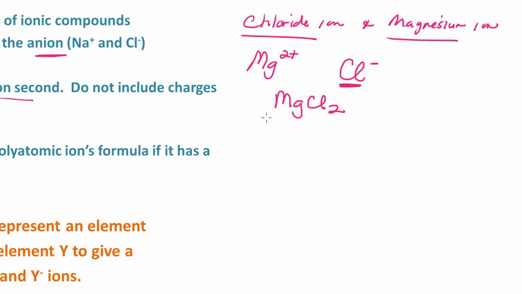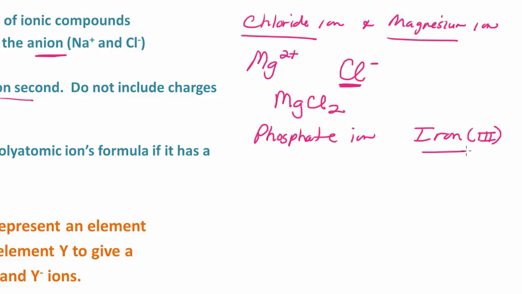Let's try phosphate ion and the iron 3 ion. Remember, this is a transition element. It can have more than 1 charge.